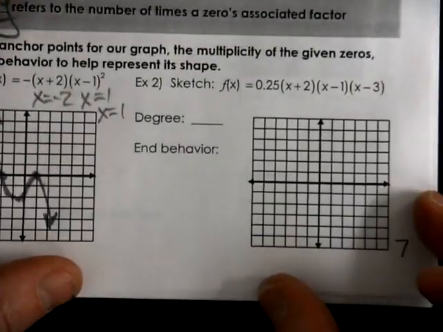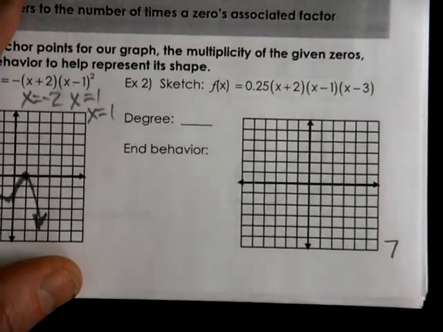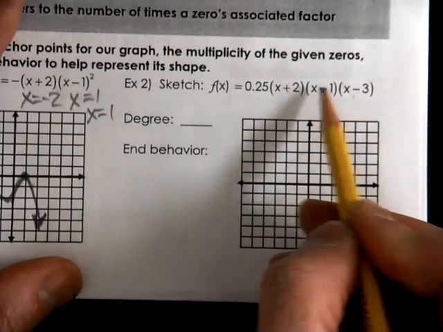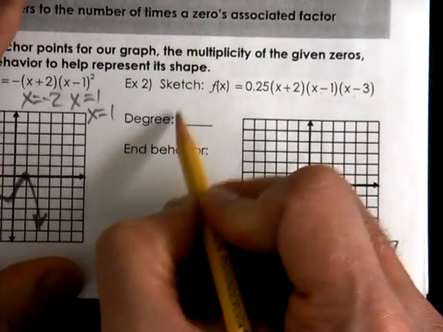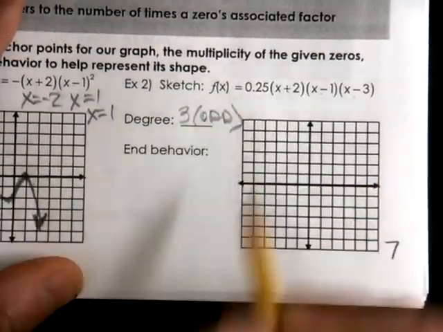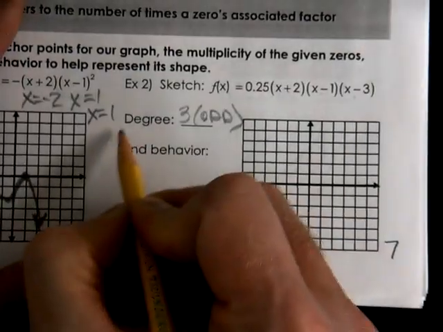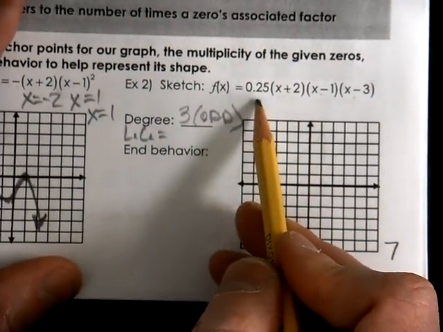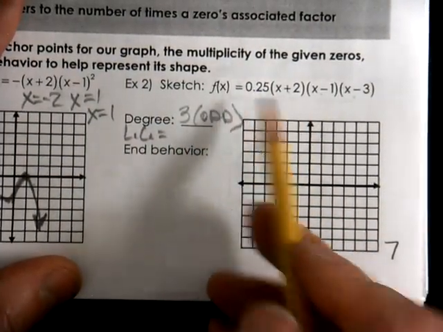In the next one, I notice there are 3 zeros, or 3 factors. So this is an odd degree again. The leading coefficient, you see the 0.25. That's pretty irrelevant to what we're doing.